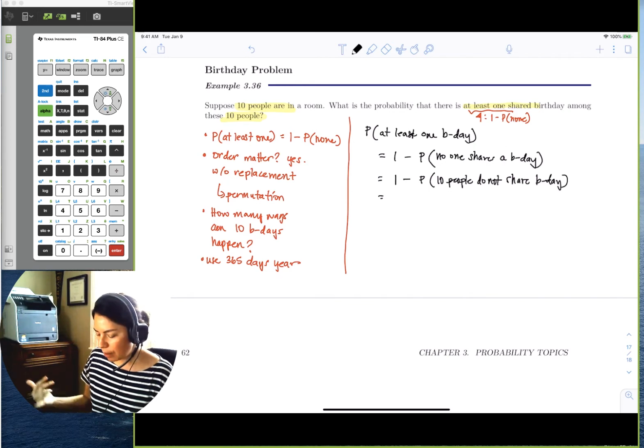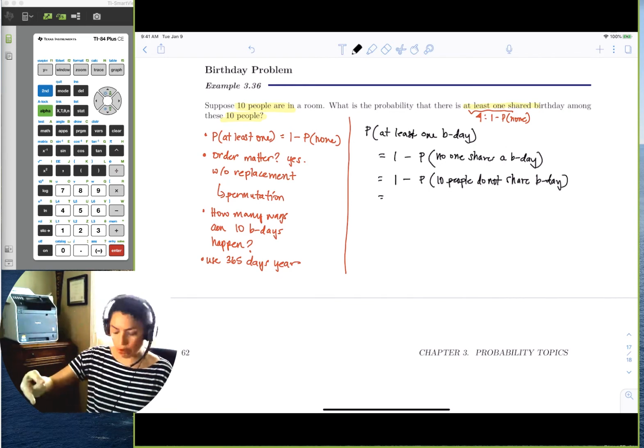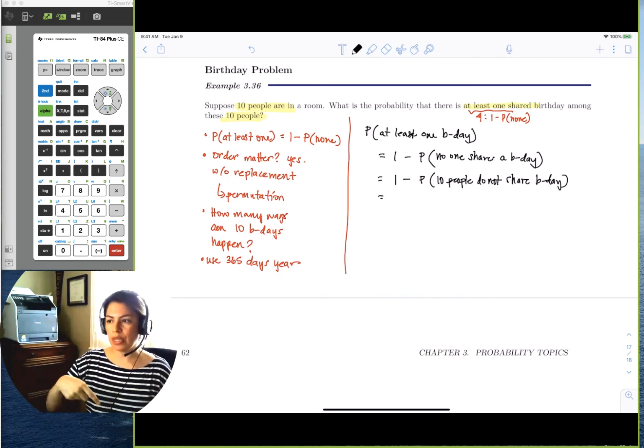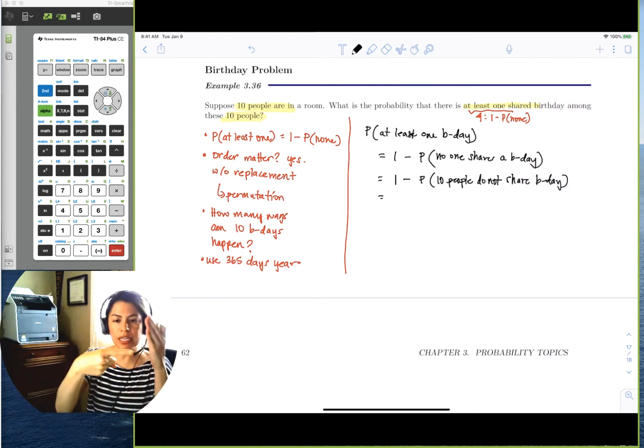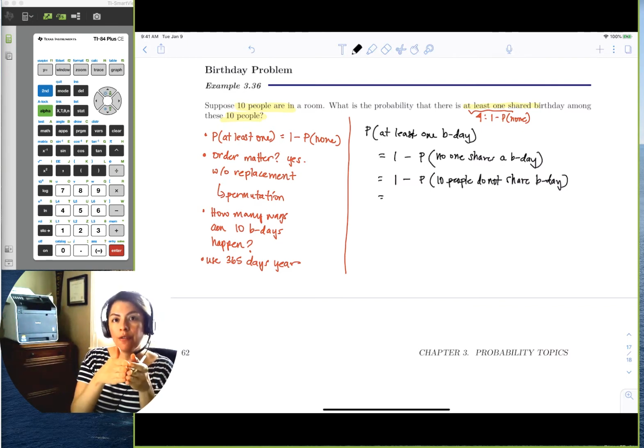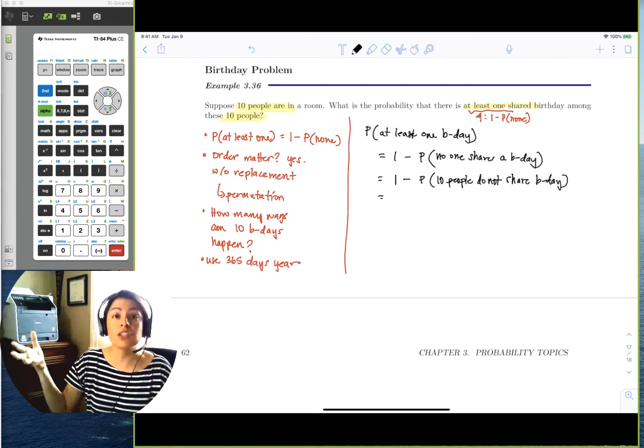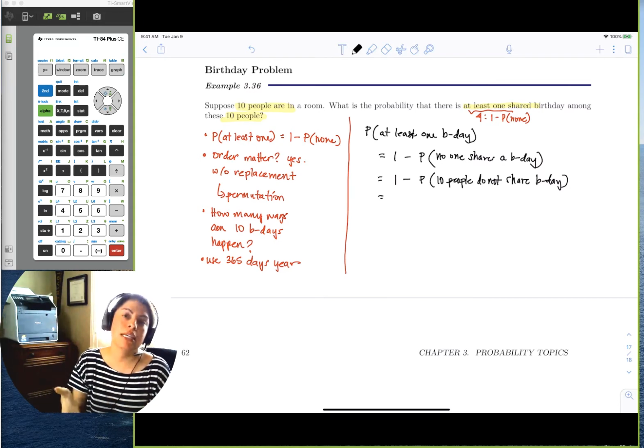If 10 people don't share a birthday, that means the first person won't have the same birthday as anyone, the second person won't either, and if that person's birthday is taken, that date isn't shared with anyone, and therefore I have 9 people, 8 people, right? And so it's going to be a permutation. We have 365 days to choose from for birthdays, and 10 of those days are taken by the people at the party.